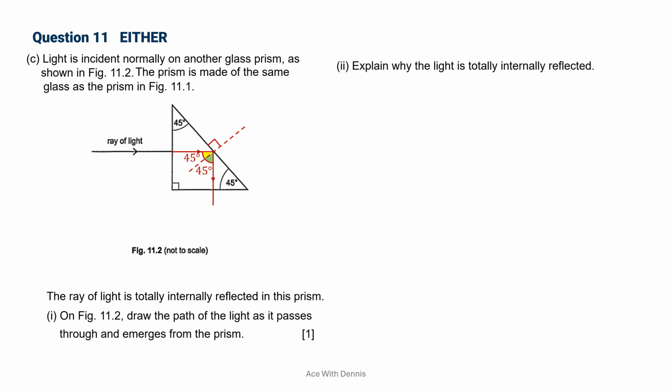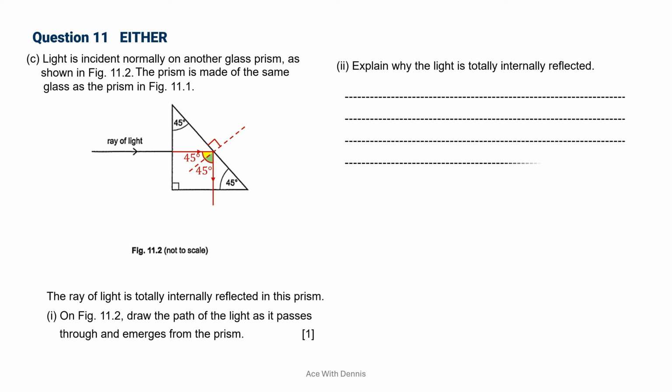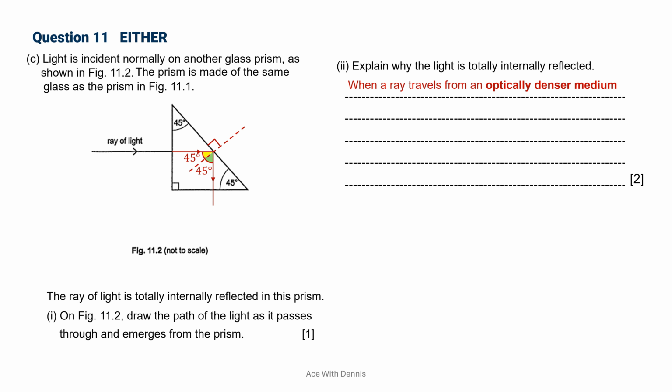Part 2. Explain why the light is totally internally reflected. 2 marks. Okay, to answer this question, you just need to describe how total internal reflection happens. When a ray travels from an optically denser medium to an optically less dense medium, it bends away from the normal.